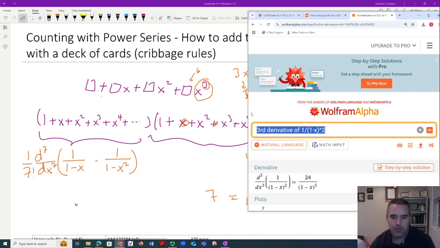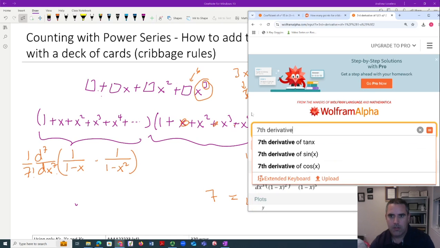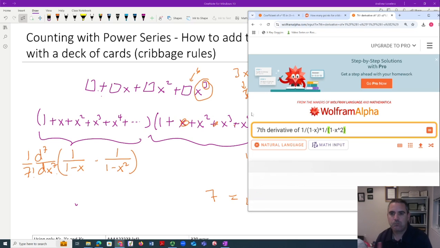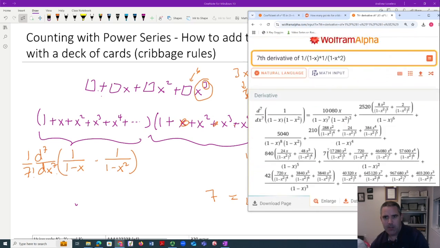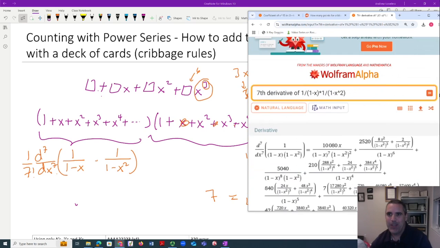So let's do this. I've never done this. We're going to do the 7th derivative of 1 over 1 minus x to the second, and I hadn't thought about this in a long time. I need to say evaluated at 0, at x equals 0.